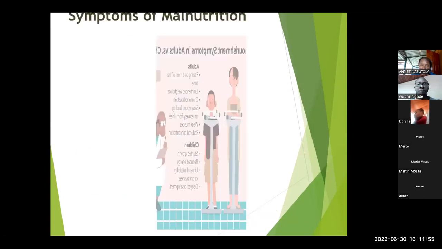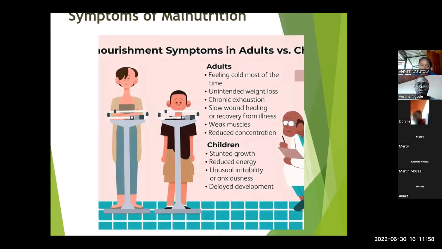And we want to look at the signs and symptoms of malnutrition. For adults, the signs will be feeling cold most of the time, unintended weight loss, chronic exhaustion, slow wound healing or recovery from illness, weak muscles, and reduced concentration.